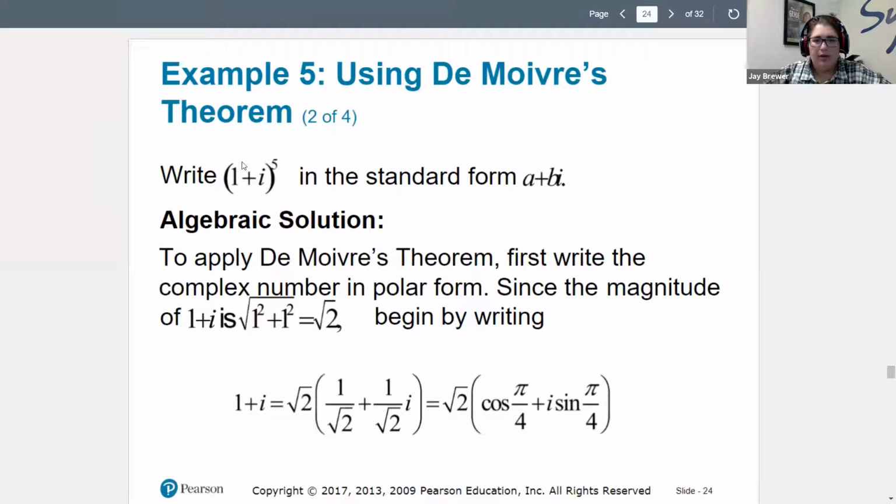So now we have to write 1 plus i raised to the 5th power in standard form. We can do it using an algebraic solution. They went ahead and just plugged in what they knew.